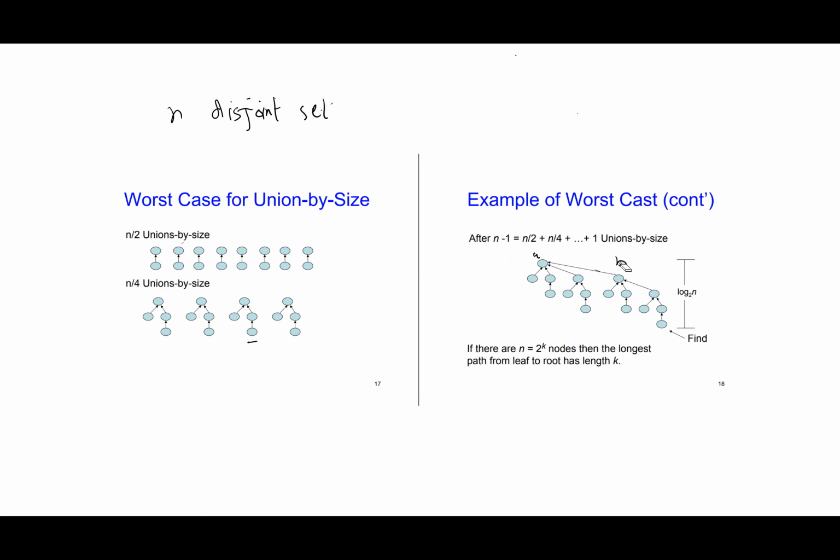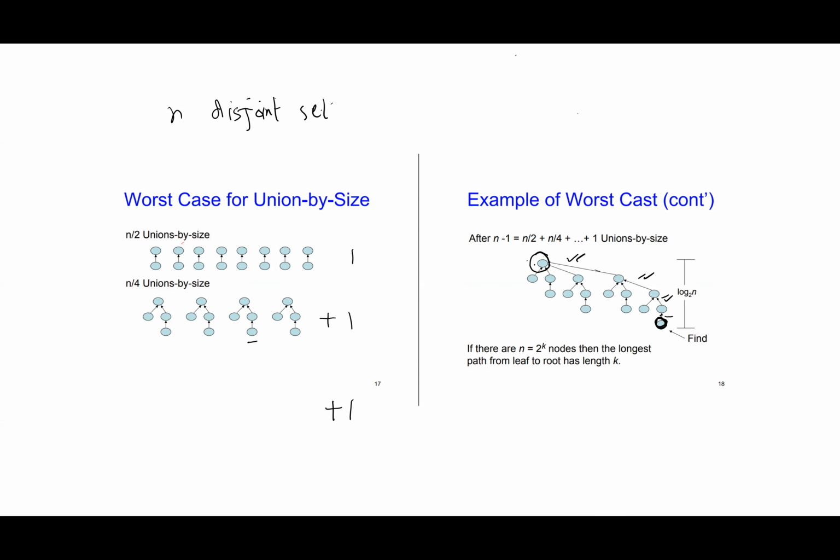Even in that case, every time we are gaining a height of 1 here, another 1 here, another 1 here, and finally how much height do we get? 1, 2, 3, 4. Do you see that? So if someone says find this, you have to go how many steps? 1, 2, 3, 4.